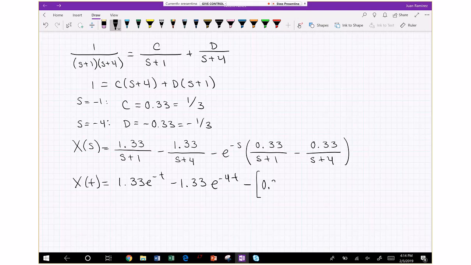That'll give us 0.33 e to the negative, but instead of negative t, which is what it would be normally, you have this time shift of t minus 1. Minus 0.33 e to the negative time shift of t minus 1, but actually you have a value of 4. So it would normally be e to the negative 4t, but it'll actually be e to the negative 4 times (t minus 1) because of the time shift. And then you have to multiply those by u of t minus 1.